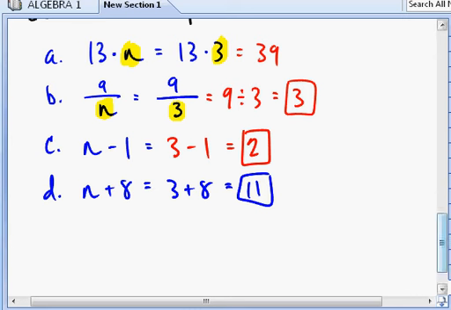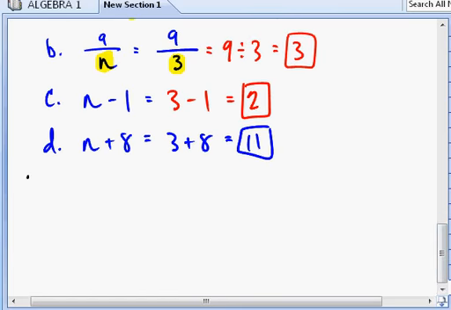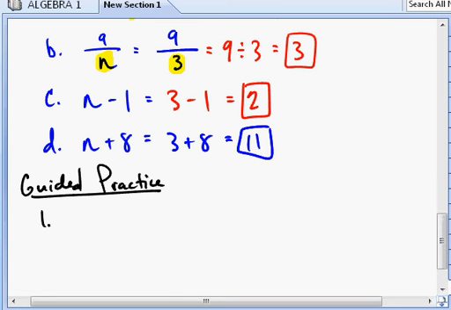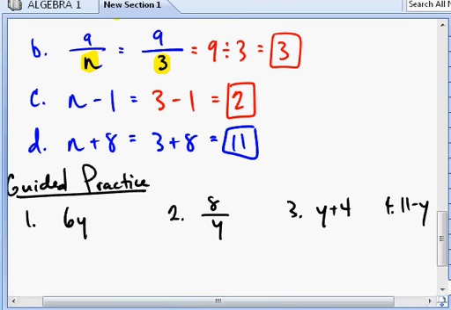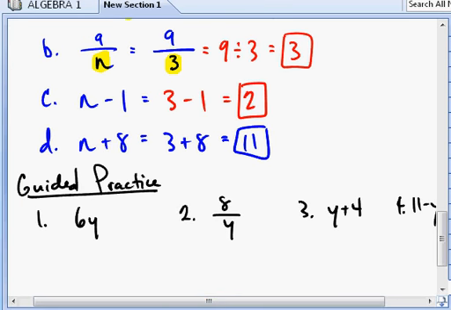So below this, guided practice. 1, 6y, 2, 8 over y, 3, y plus 4, and 4, 11 minus y. These all are y equals 2.